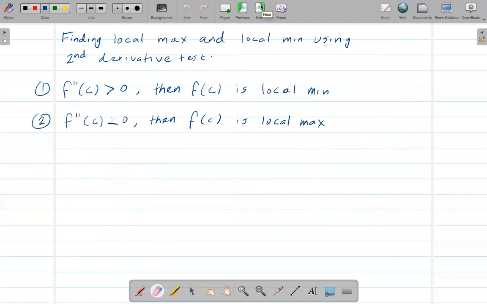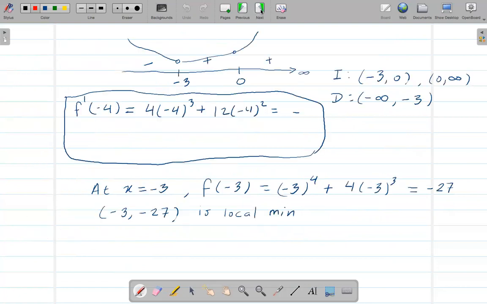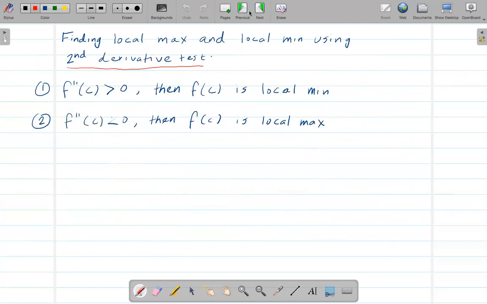Now, another one is finding local maximum and local minimum using the second derivative test. Here we found local maximum and local minimum using the first derivative. If I mention in the exam, find local maximum and local minimum using the second derivative test, then you must use the second derivative test.